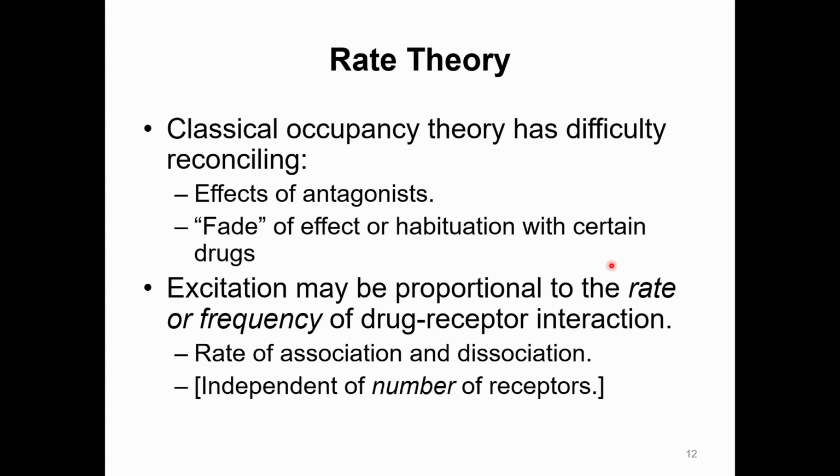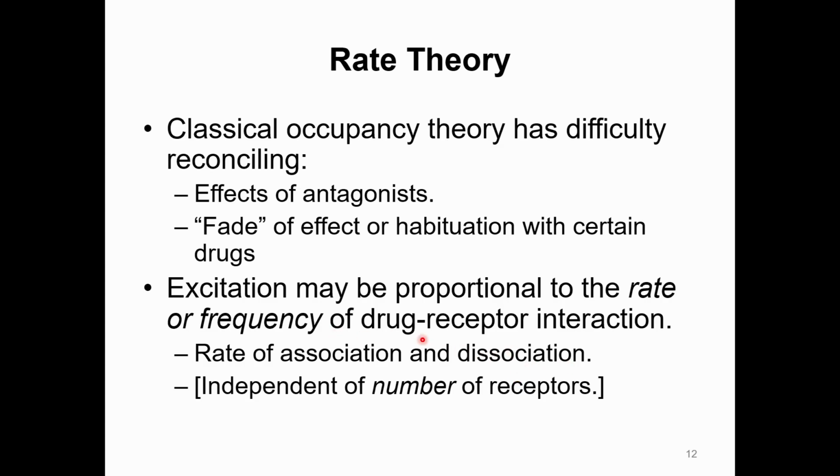So, if you think of excitation as activation, another interesting thing that rate theory accounts for a little bit better is that the rate of on and off becomes very important. So really we're talking about the rate of association and dissociation.